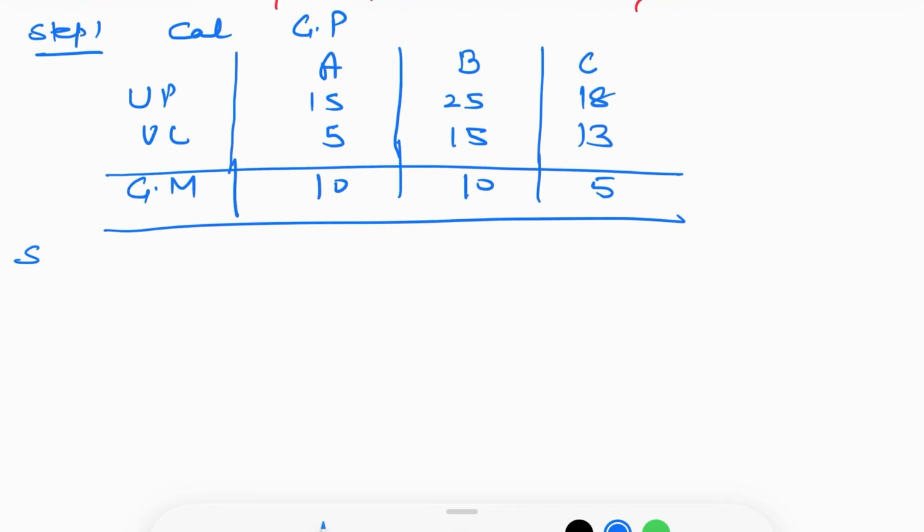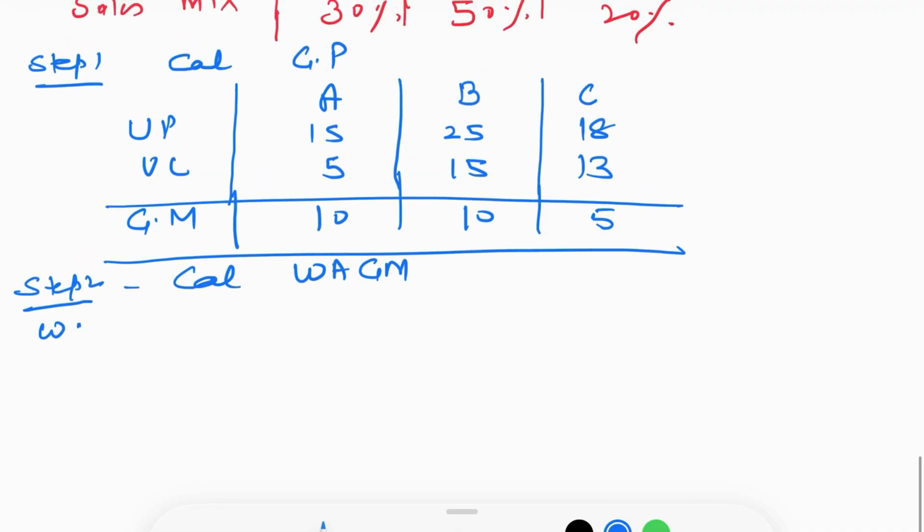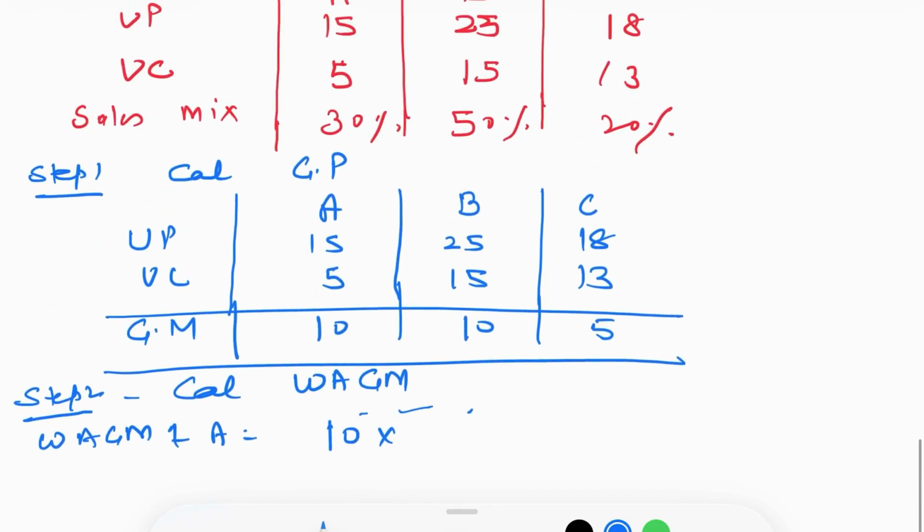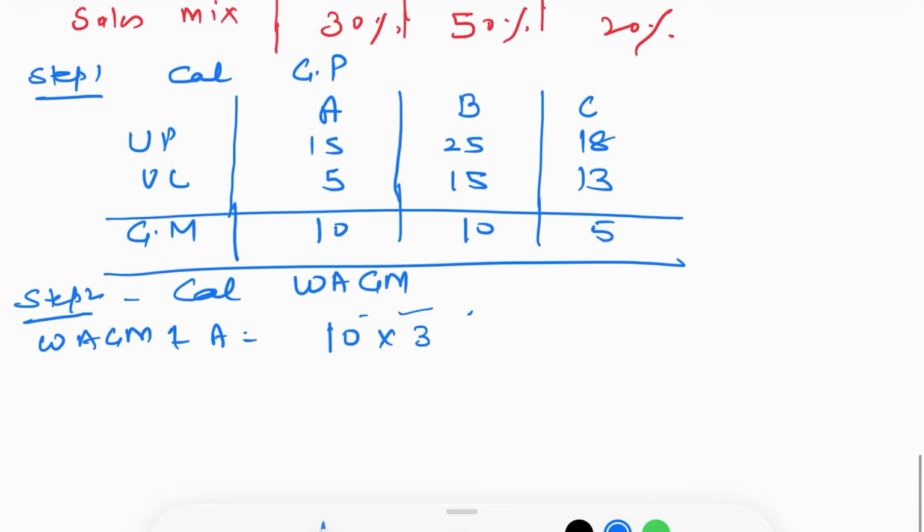Let's do step 2. What is step 2? Calculate weighted average gross margin. Remember the formula? First of all, we have to calculate weighted average gross margin of A. So that is gross margin of A, 10. You have to write down the formula here, okay? I'm not writing it down, but you have to write it down. 10 into 30.